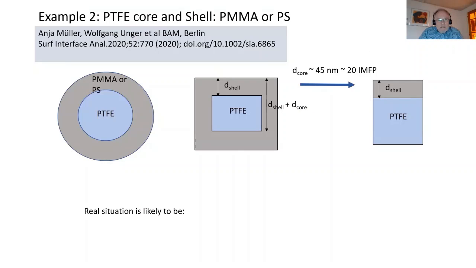And here's the final example. This is a recent example we did in a collaboration with Wolfgang Ungar and his group at BAM in Berlin. And Jan Müller was the primary author on this work.